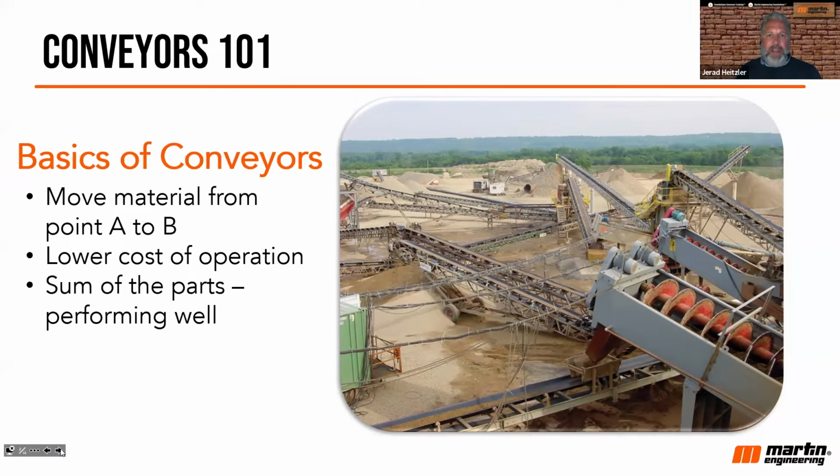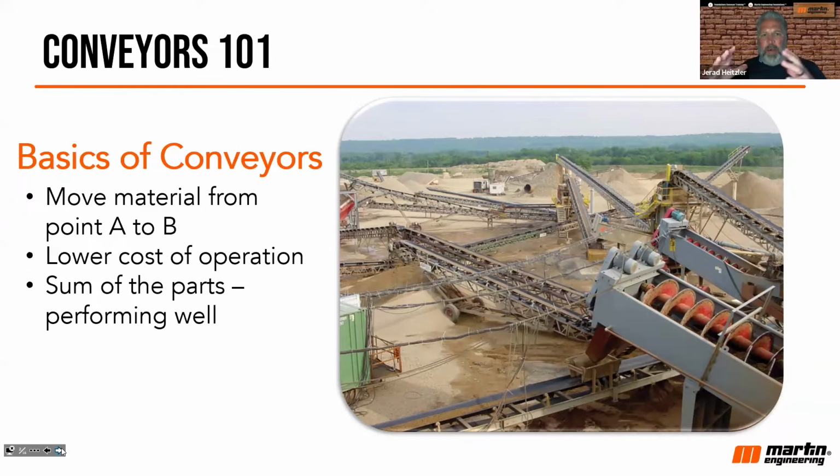A conveyor belt is all these different components that come together, and when working properly, they perform well. But oftentimes, if some of those parts aren't performing properly, the overall system doesn't perform well. So let's talk a little bit about some componentry here with conveyor belts.